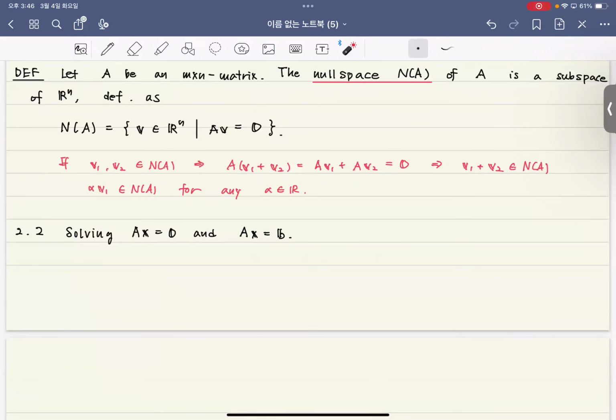Understanding the column space and null space will help you find every possible solution of a system of linear equations. We are not interested in finding a single solution, but in finding every possible solution of the system of equations, if there is any.